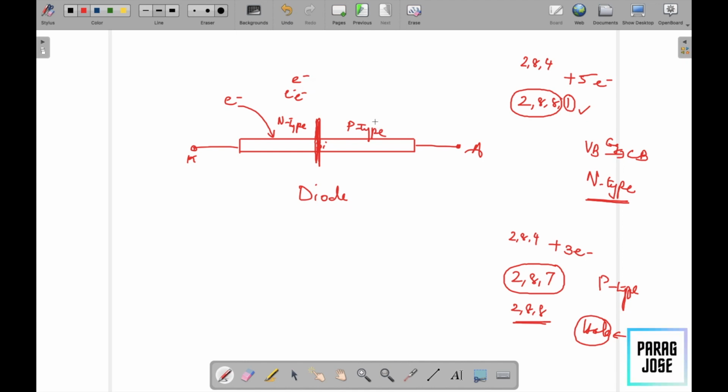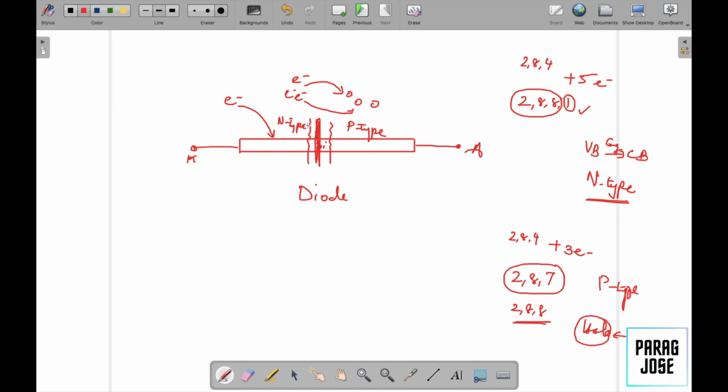But in the case of p-type material, we can see what is in excess in that. You have holes in excess in that. So when you join these two together, naturally what will happen? At the point of contact, somewhere here, the electron and hole can recombine. The electron and hole can join, right? Because they want to join there.